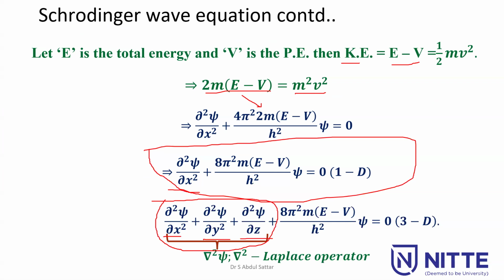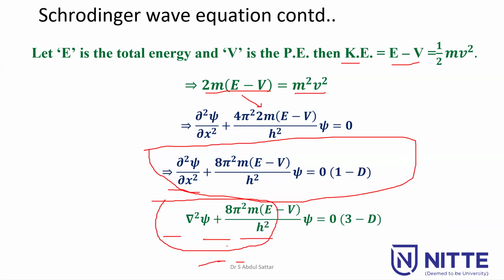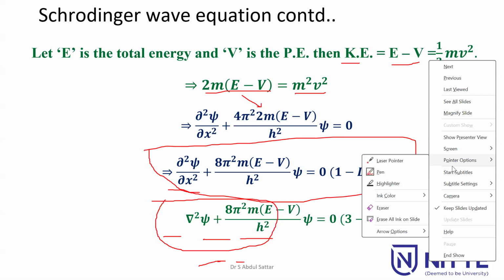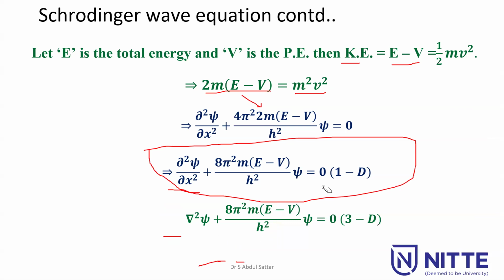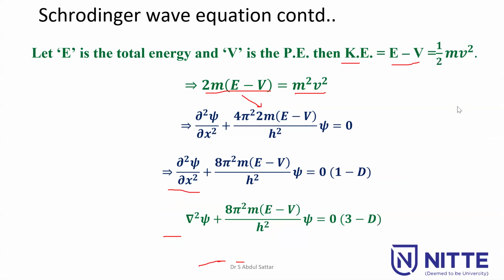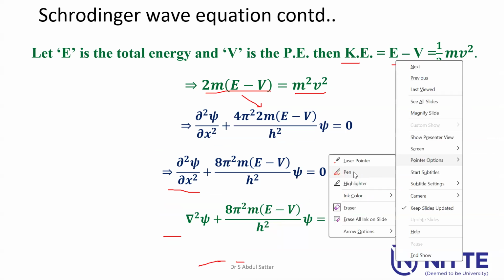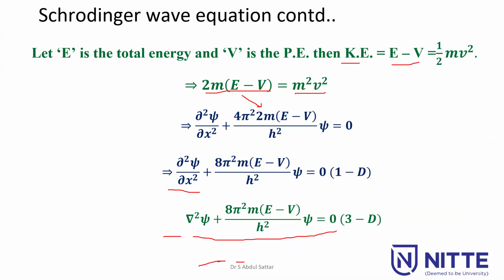Then the equation becomes ∇²ψ + 8π²m(E minus V)/h² ψ = 0. So this is the Schrödinger time independent wave equation for the three-dimensional case.